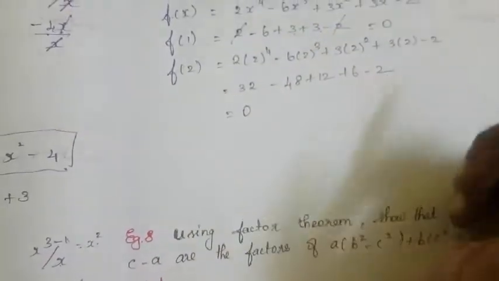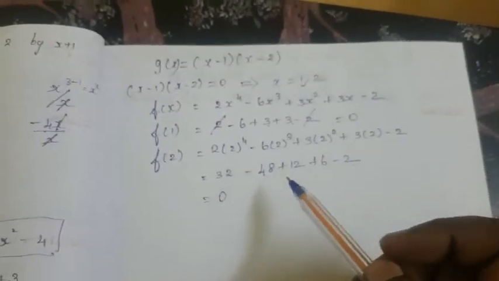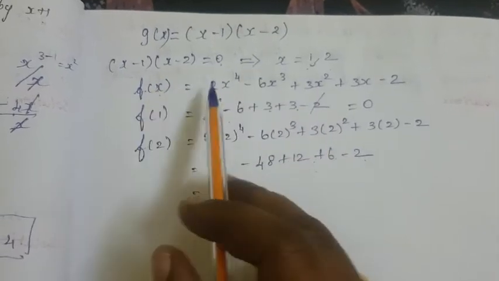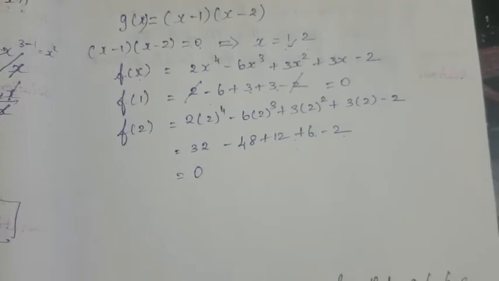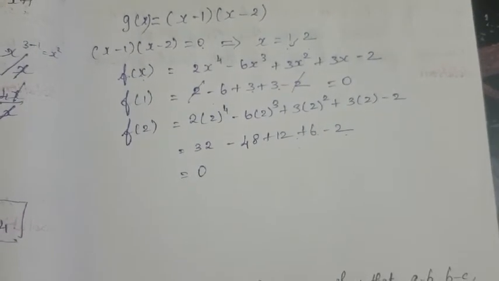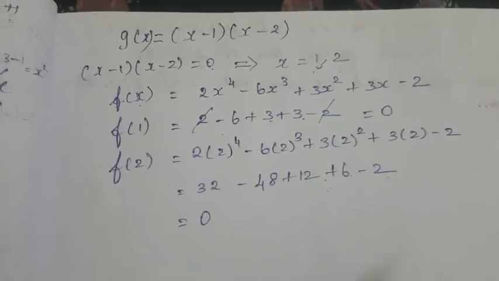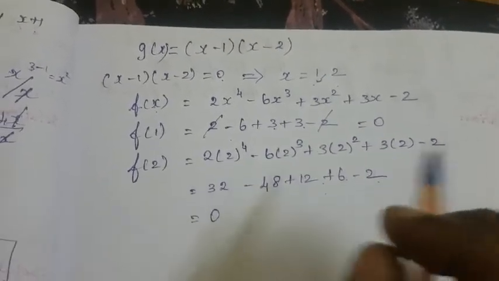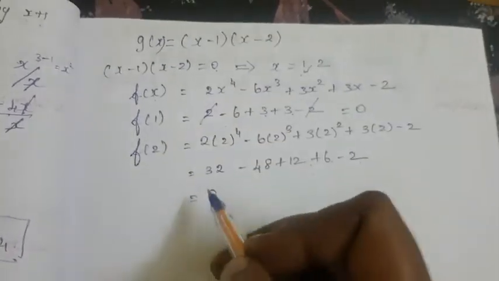So we have found f of 1 is equal to 0, and now f of 2 is equal to 0. So we know the condition. According to the remainder theorem, if p of x is equal to 0, then x minus a will be a factor, right? So that's what we have proved here.